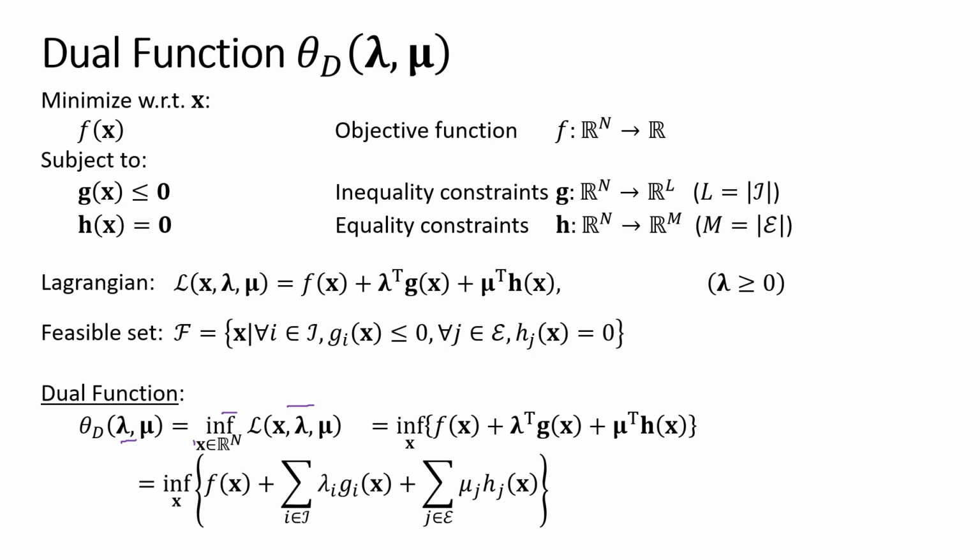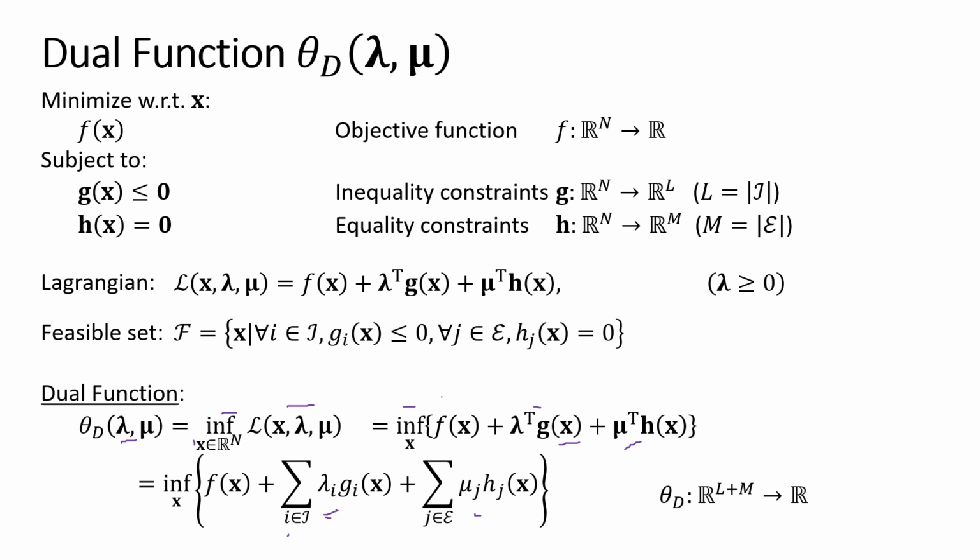Therefore, theta_d is equal to infimum over x of f of x plus lambda transpose g of x plus mu transpose h of x. And I've scalarized it in the next line. So lambda transpose g of x gives us summation over i of lambda_i g_i of x, and mu transpose h of x gives us summation over j of mu_j h_j of x.